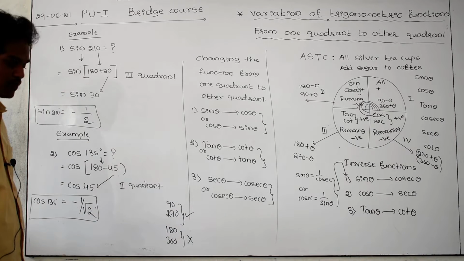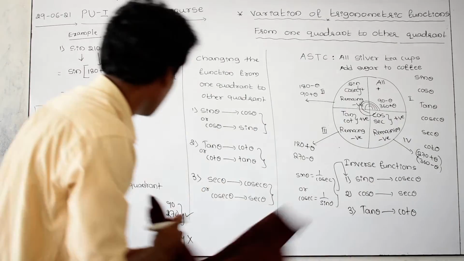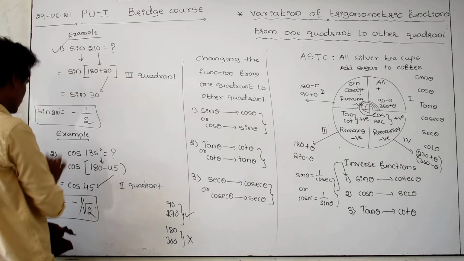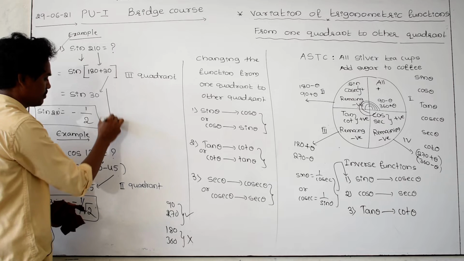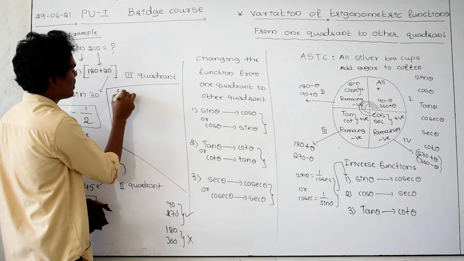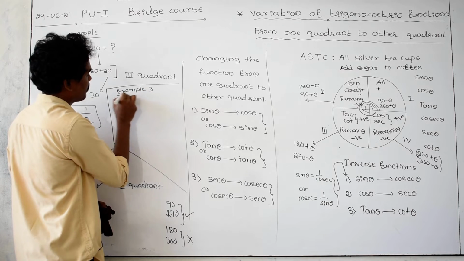This is the second example. And let's go to one more example. I would like to discuss one more example. This is the first one, this is the second one, and I am writing the third example here. Example 3.